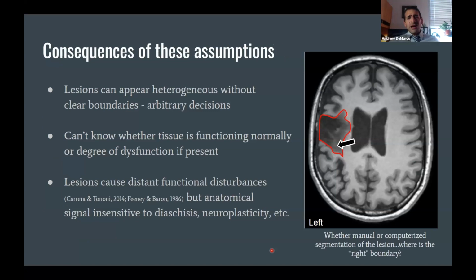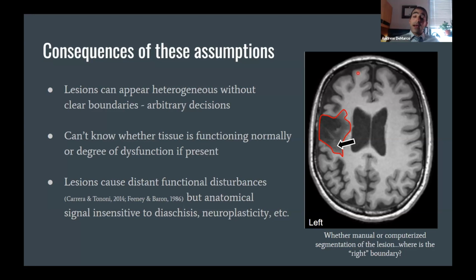Although these seem like logical assumptions, there are some pretty profound consequences. As you can see to the right, I've drawn a red line around the lesion, but is that the right boundary? Kind of looks okay, but what about this middle, dark gray area? Is this tissue functional? Is it partially functional? Is it equally dysfunctional? Lesions so often appear heterogeneous without clear boundaries.